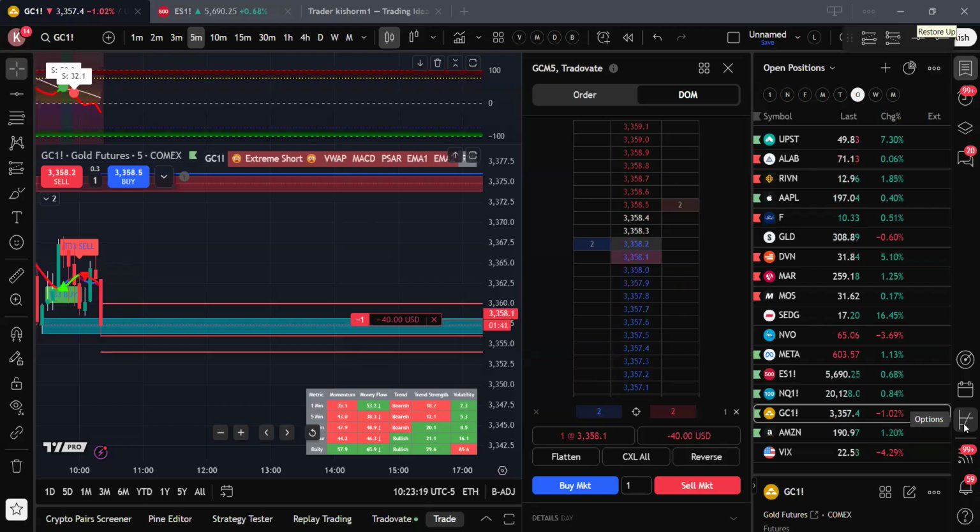So gold is dropping big. Gold puts are making nice profits. Amazon bull puts, Meta bull puts.